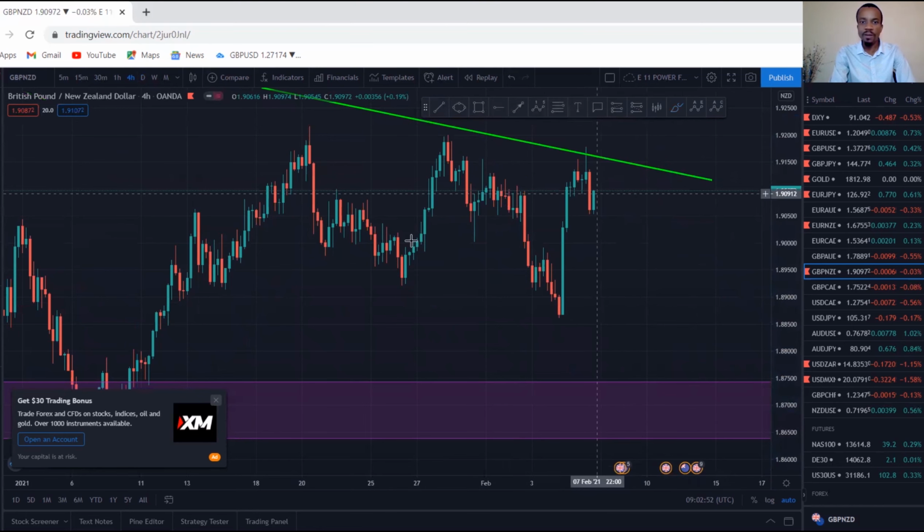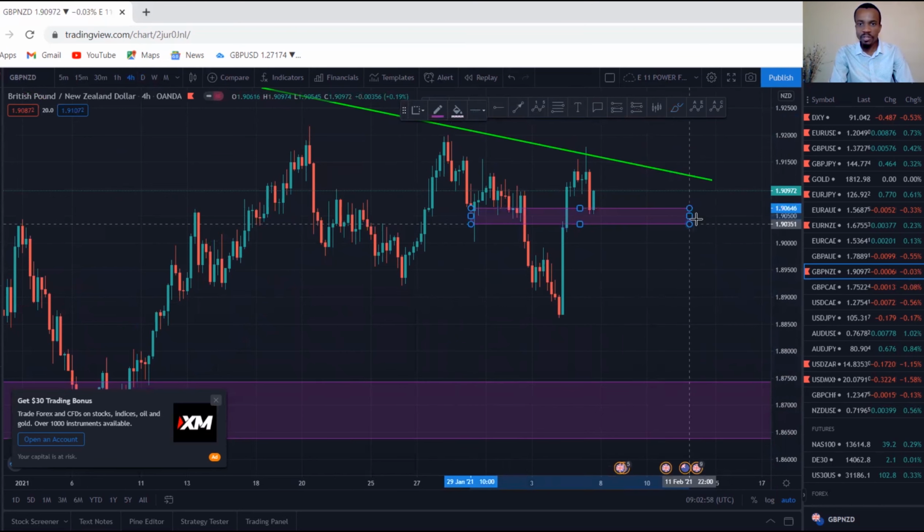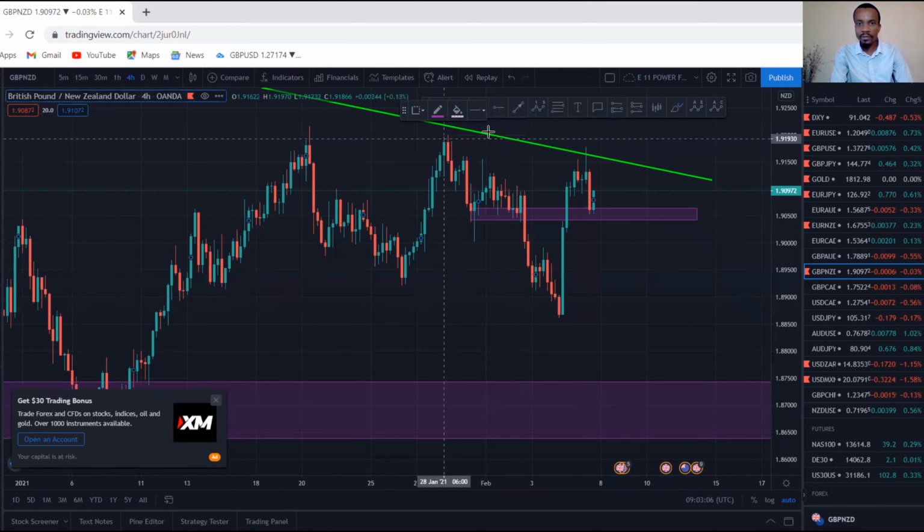So from a 4-hour time frame, price is still sitting on this support here. It's still having some challenge on this support. So price might go back, might be playing around this area.